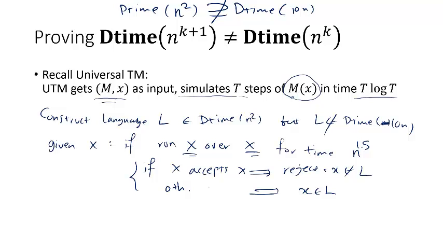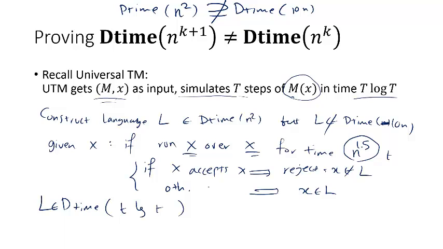So we can decide L, what is the running time then? If we call n to the 1.5 t, we can decide this in time t log t. This is the overhead, because we won't solve it in time t exactly, since we need to run this algorithm x over itself through the code of the universal Turing machine.